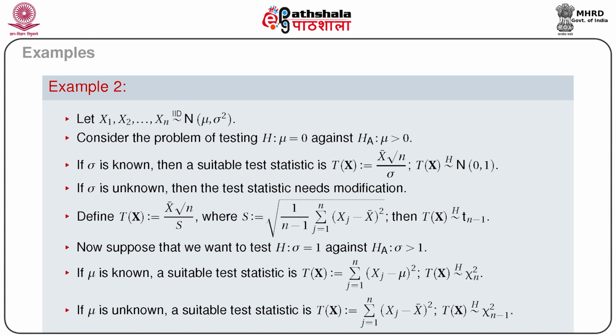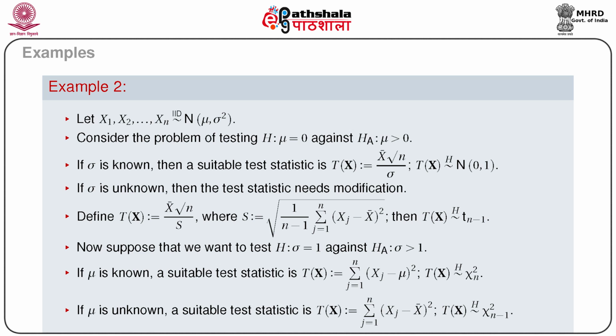Here x bar is sufficient for mu when sigma is known, and therefore it is reasonable to use a test statistic that is a function of x bar. Under H naught, Tx follows the standard normal distribution, and we reject H naught if the observed value of Tx is too large.